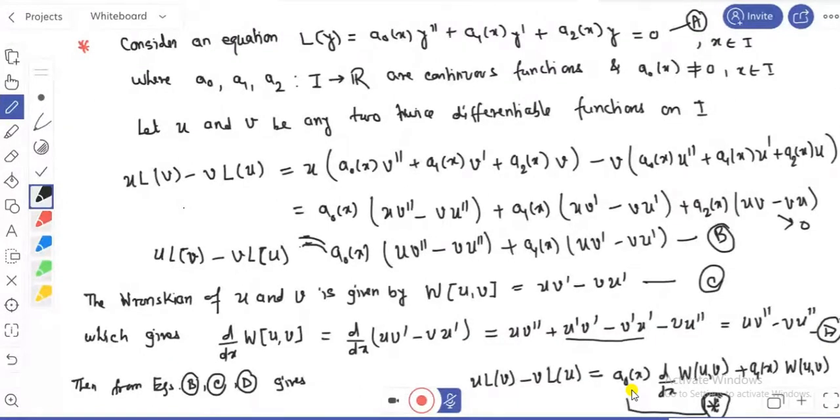From this equation star there is a theorem, and the statement of that theorem you can write on the next page. From that theorem, you find Abel's formula.